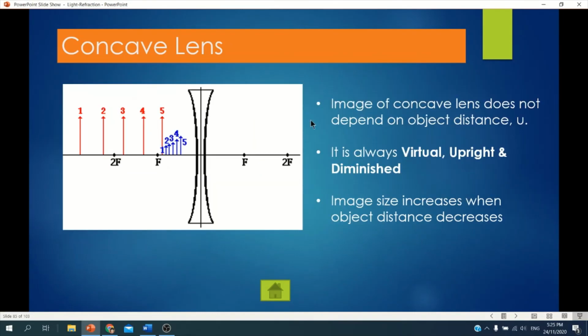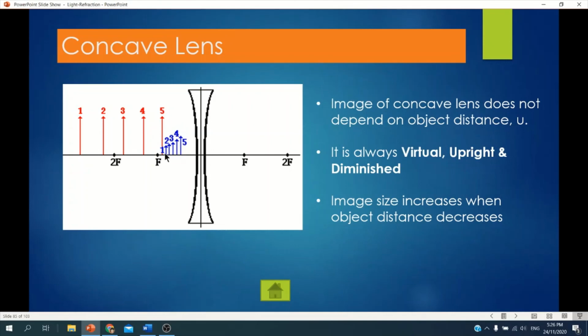Okay, so the only difference we can see is if the object is nearer to the lens, as you can see from position 1 to position 2, 3, 4, 5. So corresponding, the blue one is the image, corresponding image of 1, 2, 3, 4, 5. So how are they different?